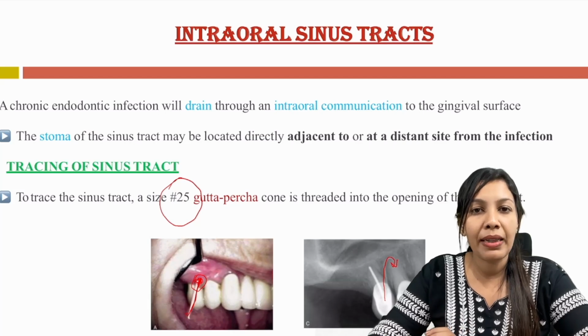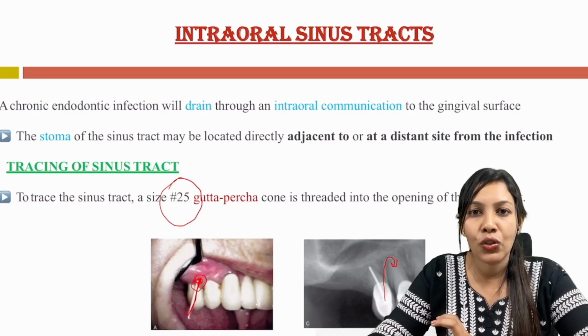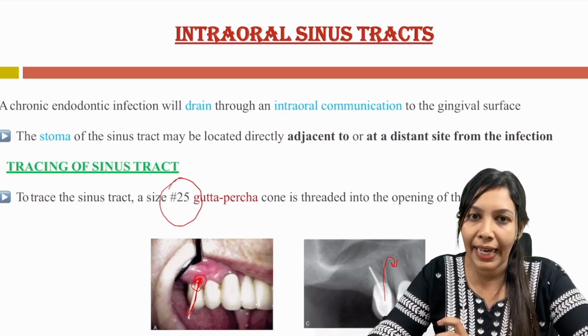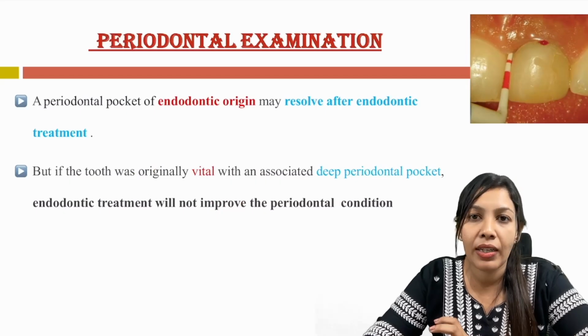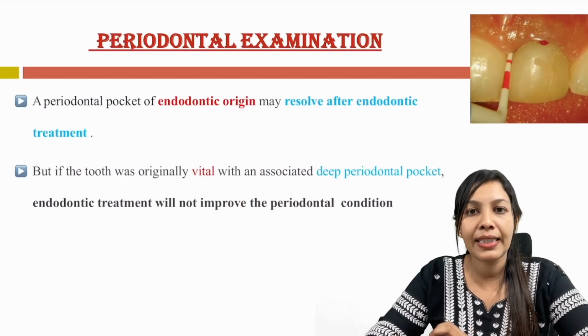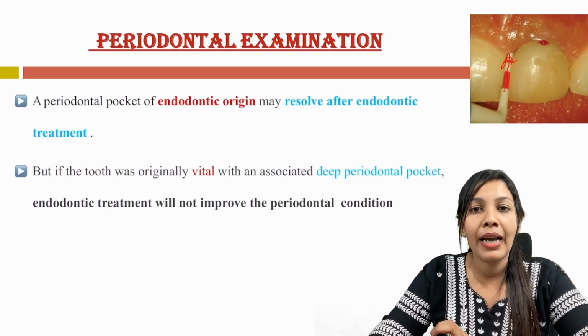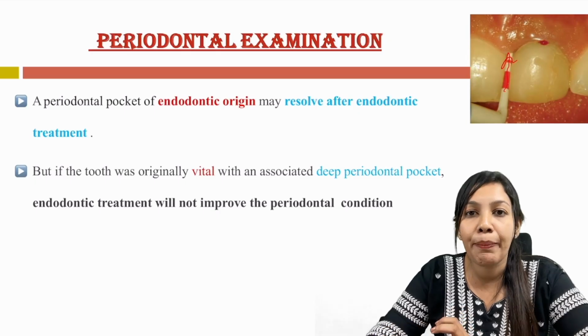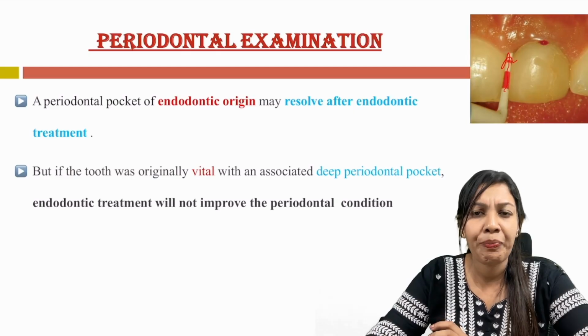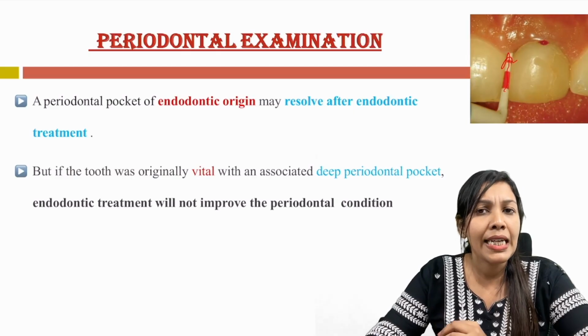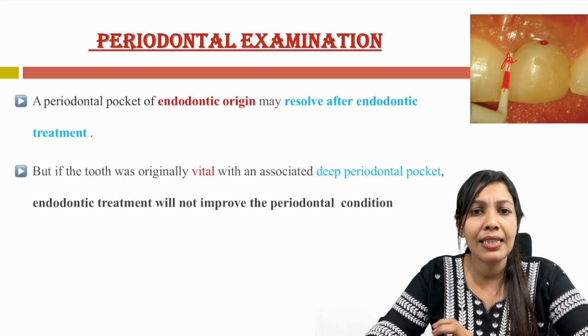So this is one method to find out which tooth has the infection, to trace from which tooth the infection started. Next is periodontal examination. In periodontal examination, we use periodontal probes, and we see whether there is any periodontal pocket or periodontal swelling, inflammation, etc. If all these are present, it indicates that there is inflammation of the periodontium or the periodontal apparatus.